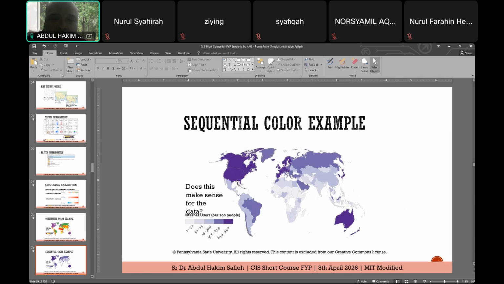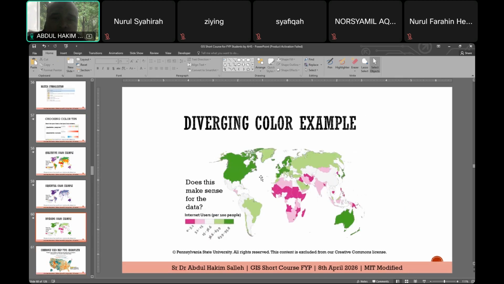The darker the area means the higher the numbers per 100 people that use internet. Diverging, like I mentioned just now, can be both sides. Intensity increases to the left and also to the right, but the center will be normal.